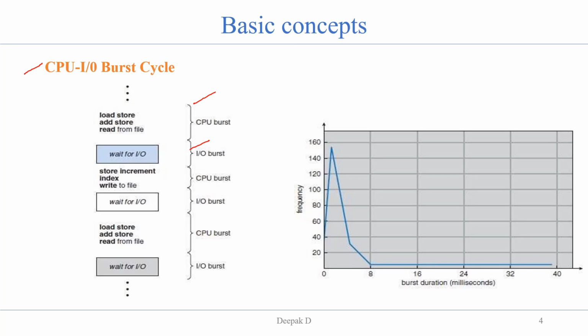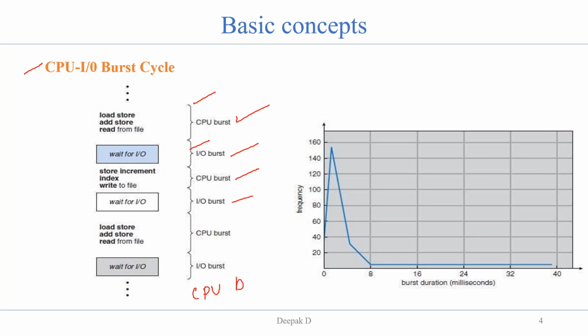Whenever your process starts its execution, it begins with a CPU burst, followed by an IO burst, and again a CPU burst followed by an IO burst, and finally it ends with a CPU burst, ending with a system request to terminate its execution.